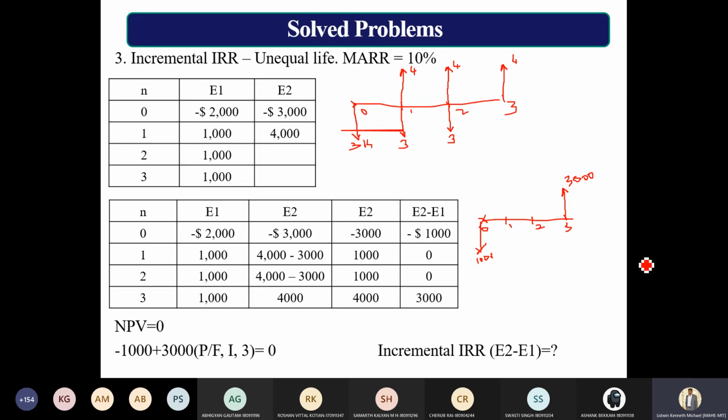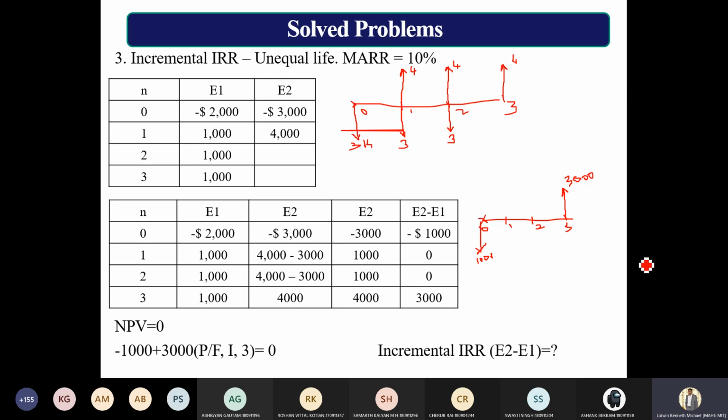It's over 40, whatever it is. Yeah. So with this, I complete the incremental analysis. The topic of IRR and incremental is done.